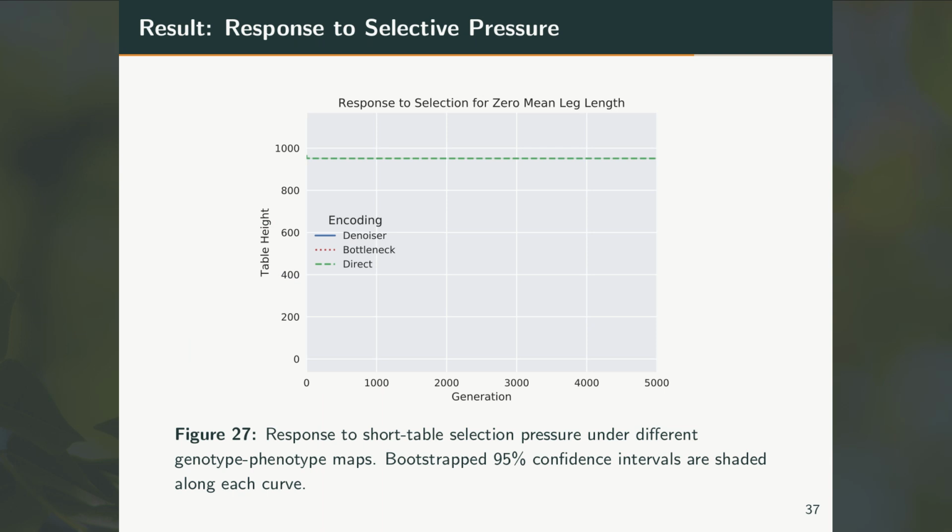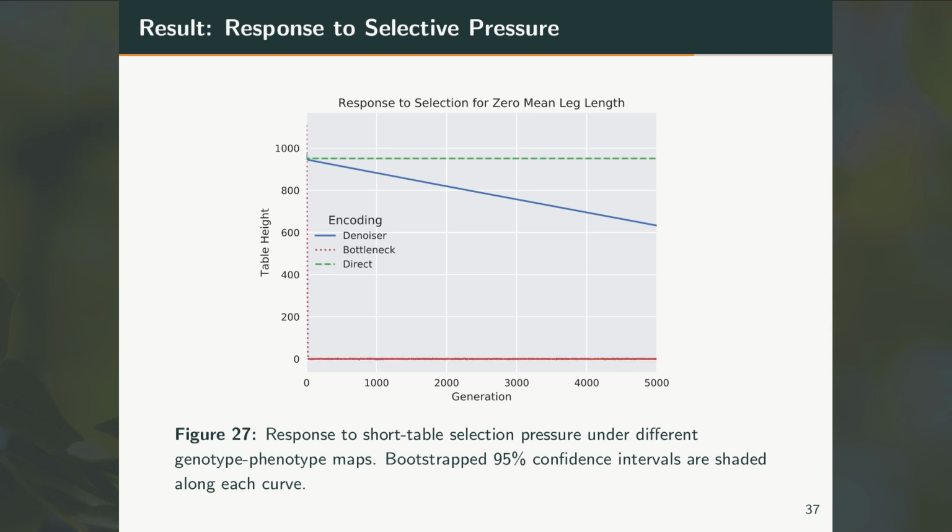So if we use a direct encoding, which is the only line I have here at the moment on this graph, you can see generation on generation, we get stuck at just the tall tables that we started with. However, with the denoising genotype-phenotype map, you can see we're making slow and steady progress towards the global optima of the zero table height, or the 0 units tall table, right?